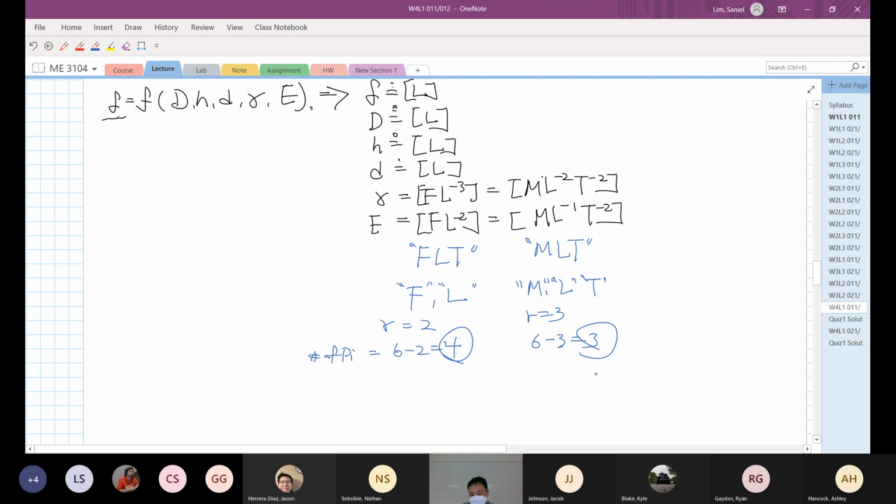Doesn't make sense, right? If you look at the units here more carefully on the MLT system, this is actually the same as the one we can divide by the L out of the units, T minus 2, then L minus 1. Okay, it looks like we can have a common combination between these 2 variables.